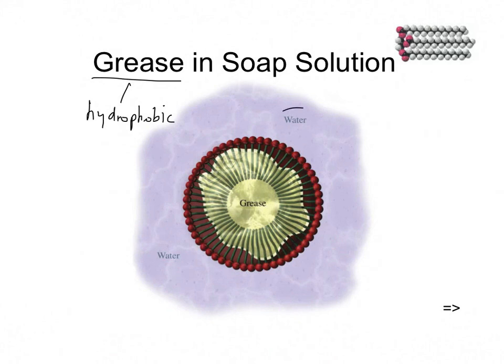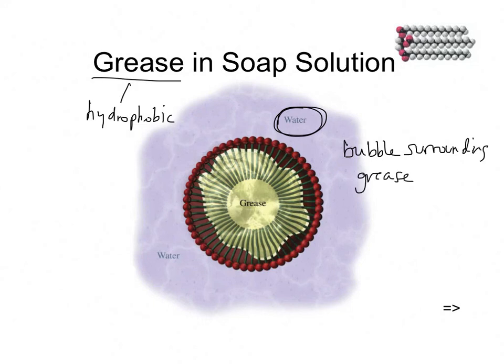Now the heads are attracted to the water. So what you get essentially is a little bubble surrounding that grease. So the grease essentially is buried inside this little bubble of soap molecules. That bubble along the outside is ionic.